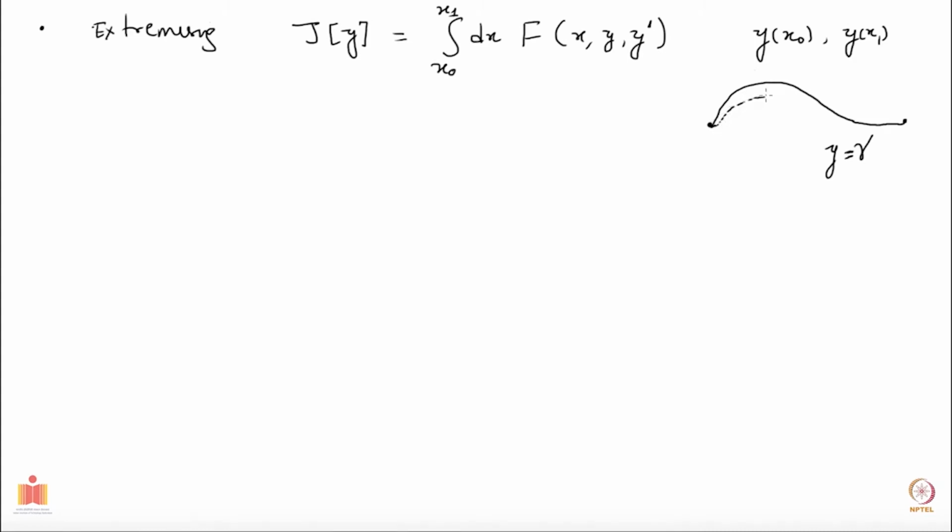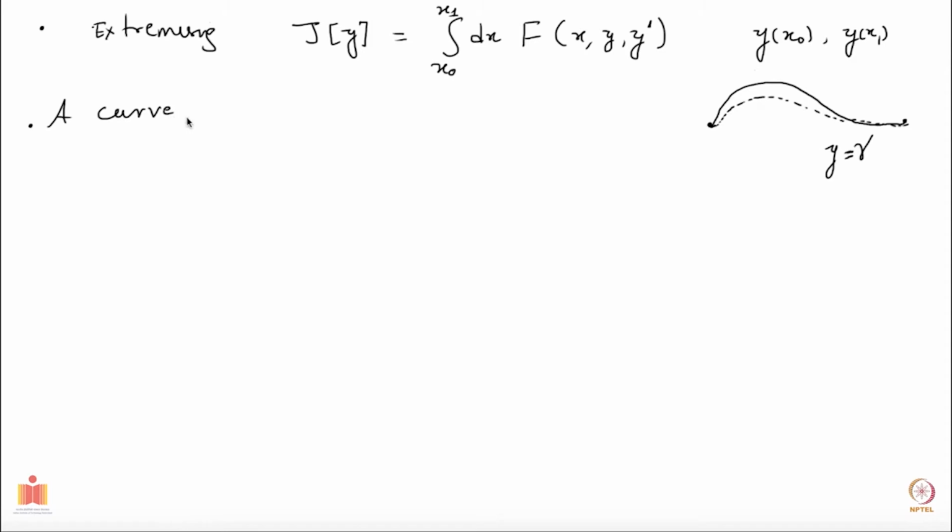So I'm imagining a small variation away from gamma. Let me write this. So a curve or a function, let me write curve. You understand that by a curve I mean really a y of x.